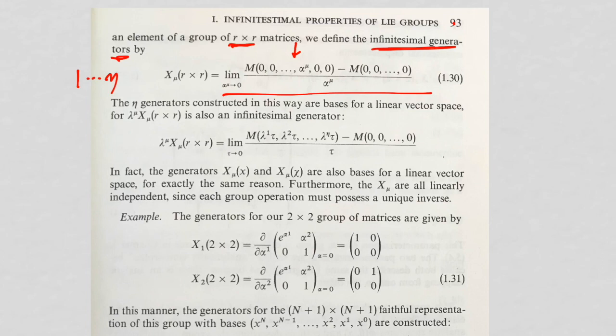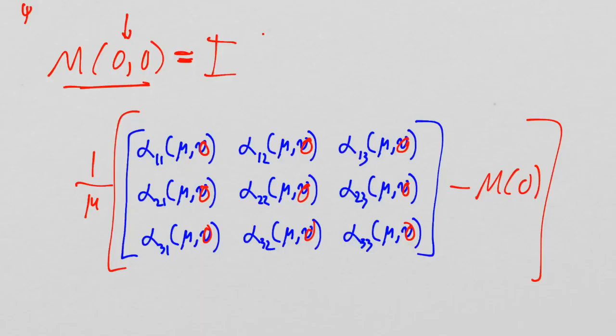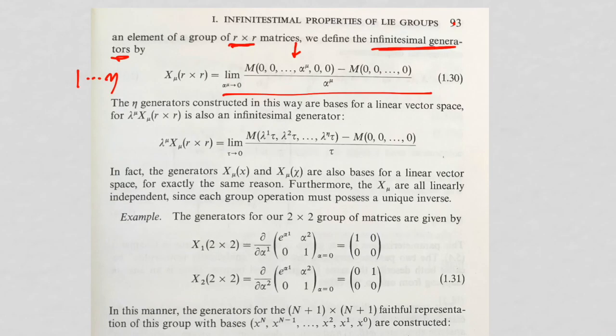Now, clearly you can do this eta times, because you just do this for alpha mu being in each of these slots, and you get eta different generators. So you get one generator for every parameter that defines the underlying matrix group. If the matrix group is parameterized by 3 elements, you'll get 3 generators. If it's parameterized by 8 elements, you'll get 8 generators.